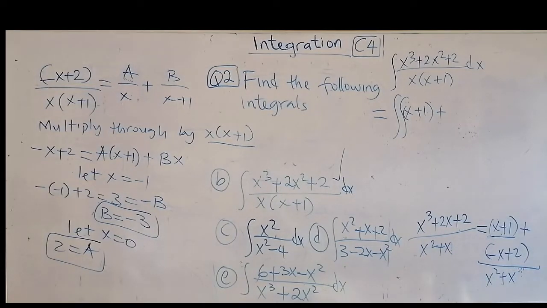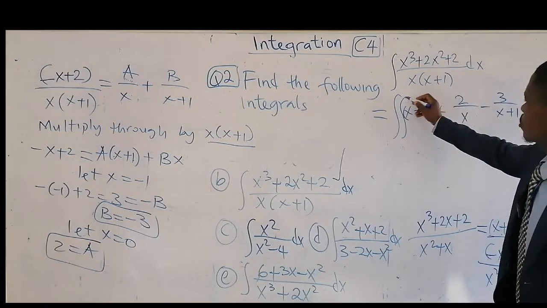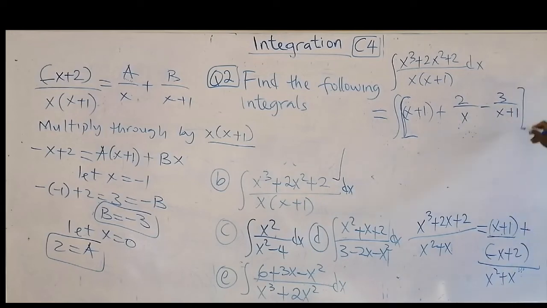Our A is 2, that's 2 over x. Then plus B, which is minus 3, so minus 3 over x plus 1. Then we can open the bracket here and close the bracket here, dx.